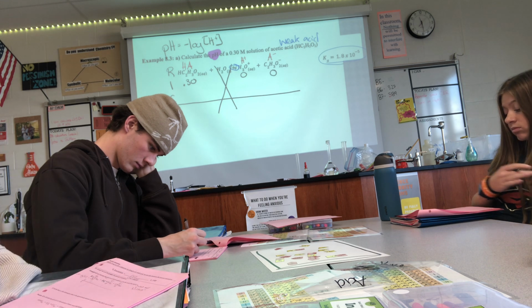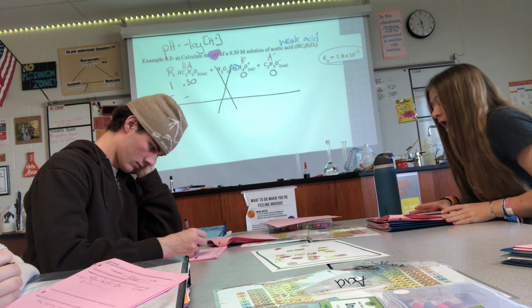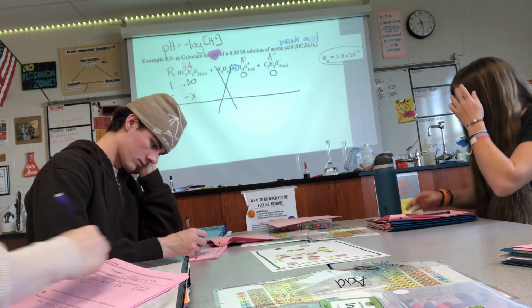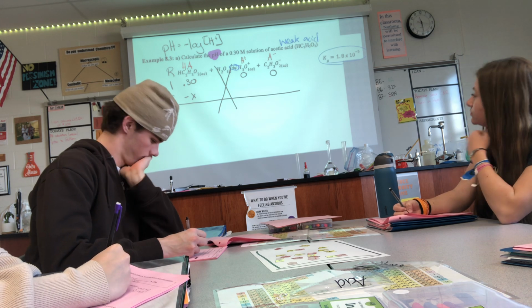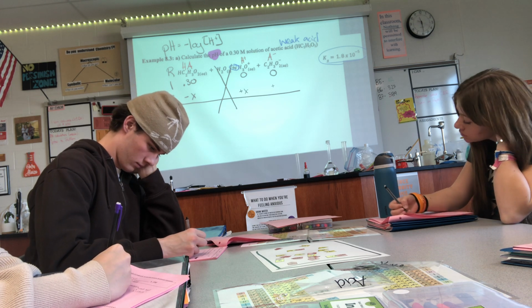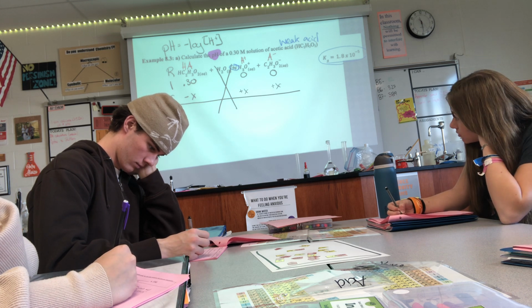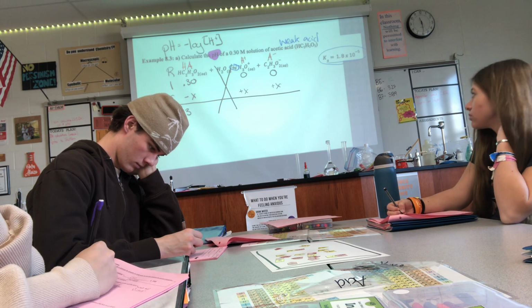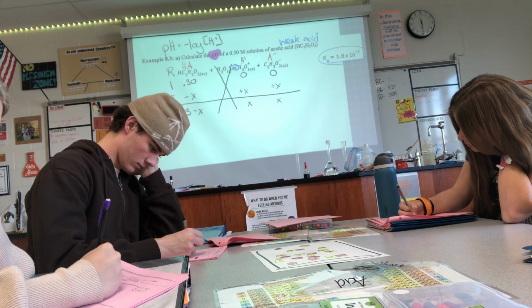It's not all breaking apart because it's weak, and we don't know how much it's breaking apart, so we're going to say minus x, and then these would be plus x and plus x. So we're going to carry that down, so this is 0.3 minus x, x, and x.